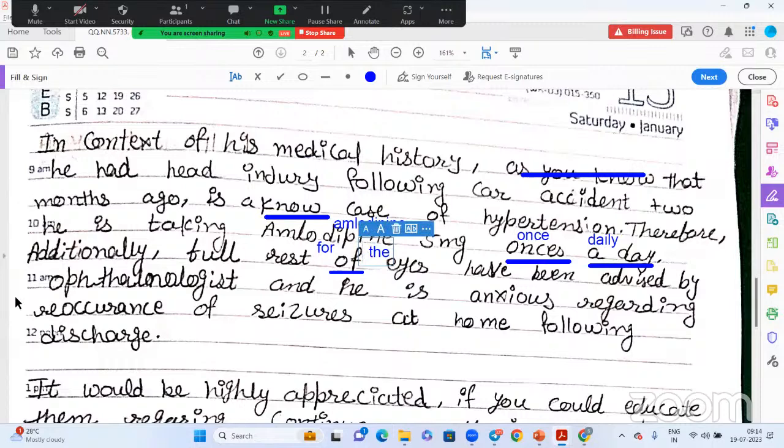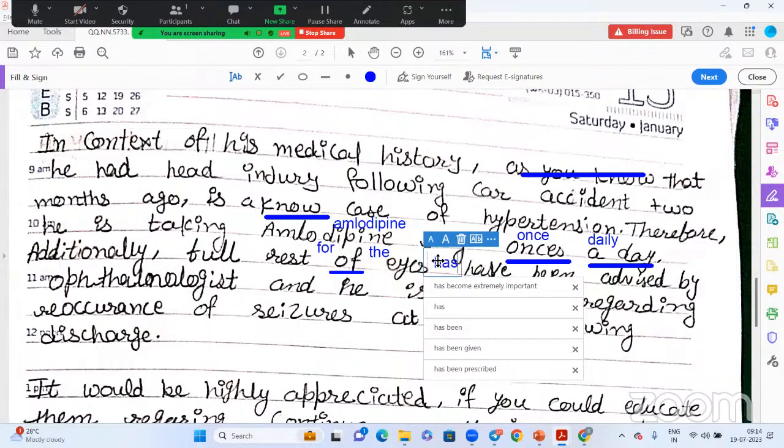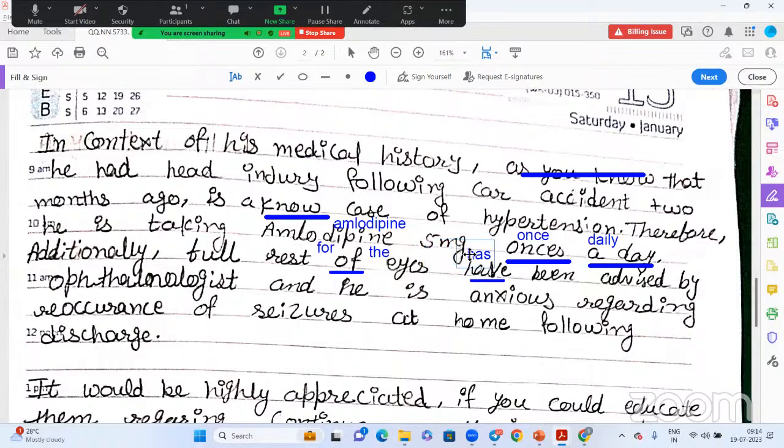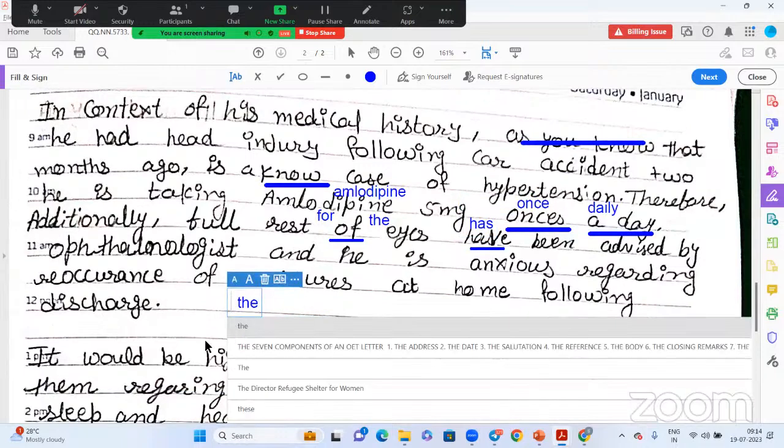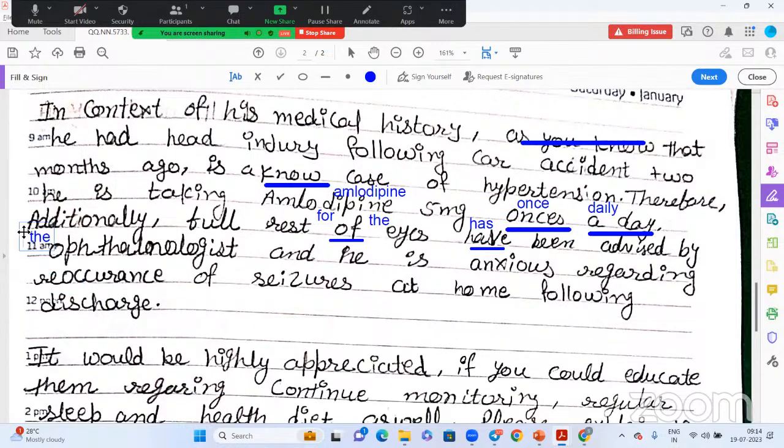Full rest has been advised, so has been, not have been. Rest has been advised by the ophthalmologist, the particular ophthalmologist, not any ophthalmologist, that means his regular ophthalmologist. Full rest for the eyes has been advised by the ophthalmologist.